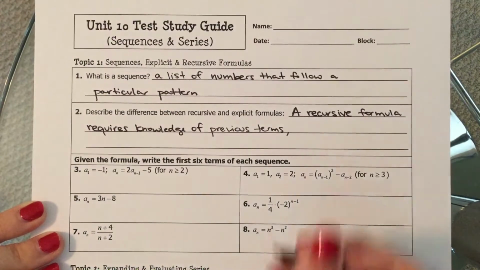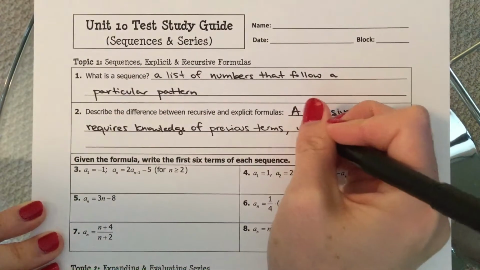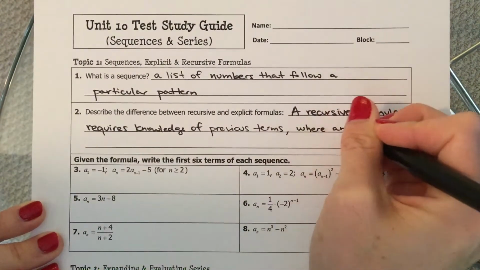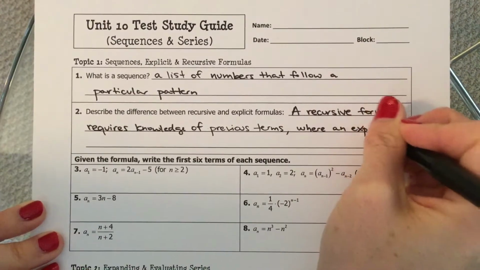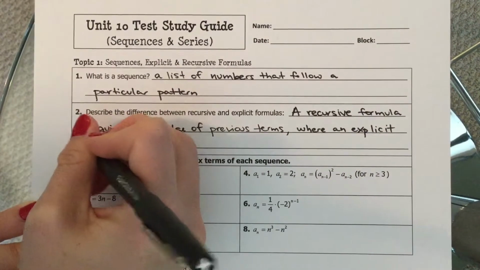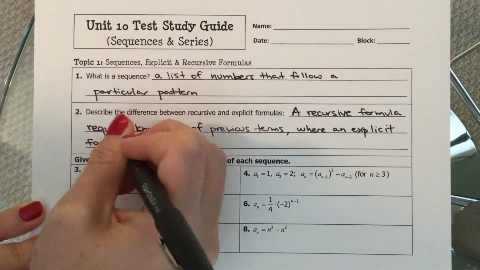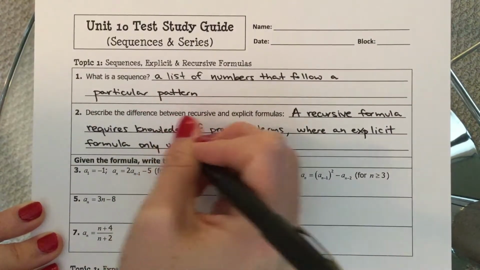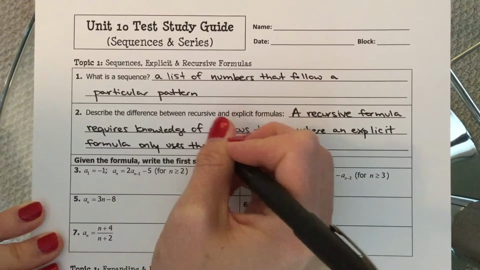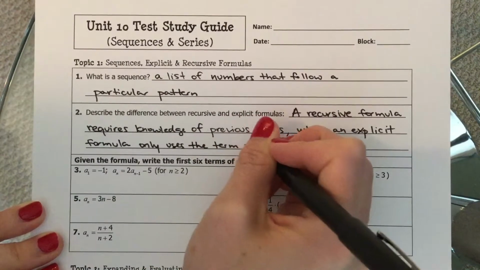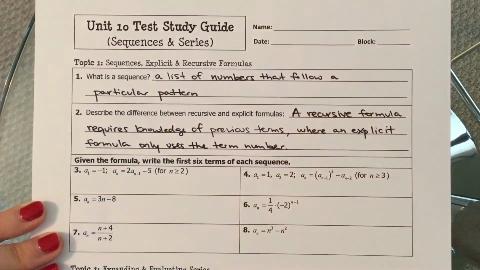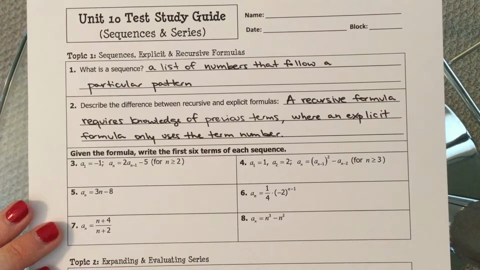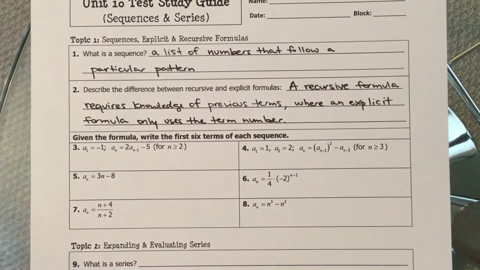And then an explicit formula only uses the term number. Okay, so you really want to know the difference between those 2 types of sequences that we could have.